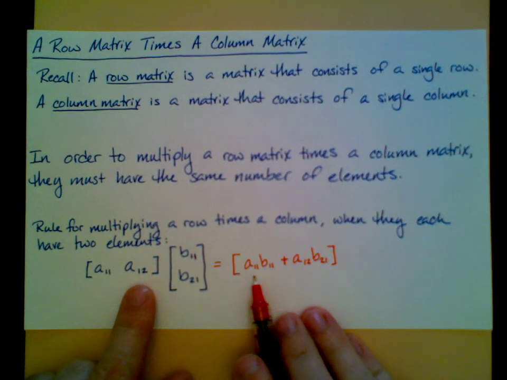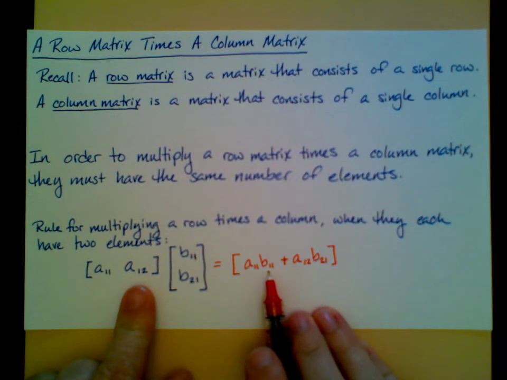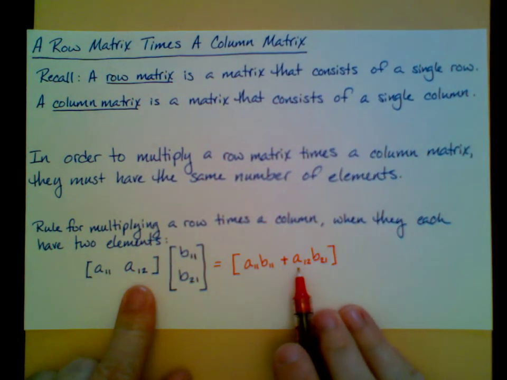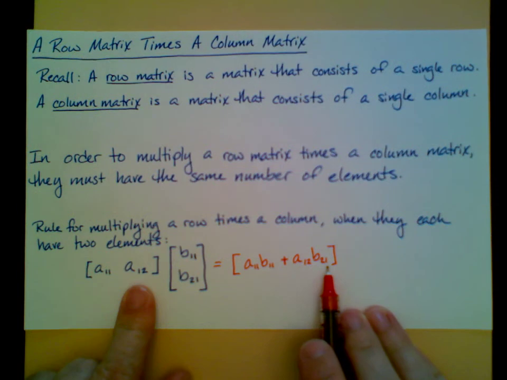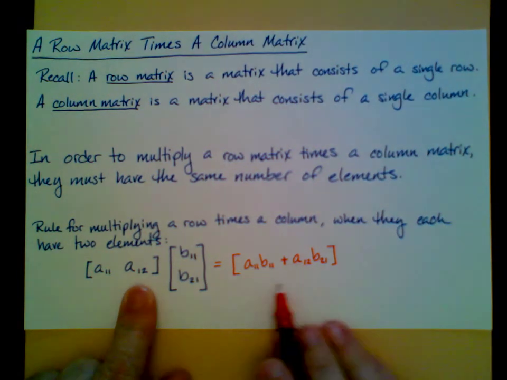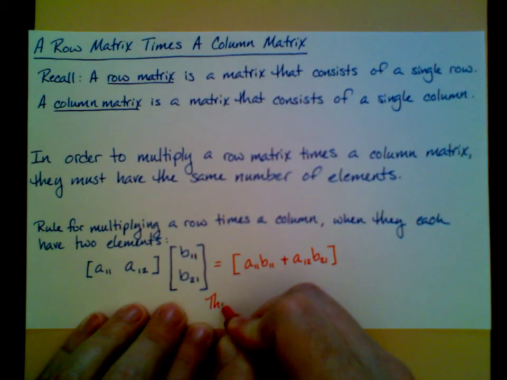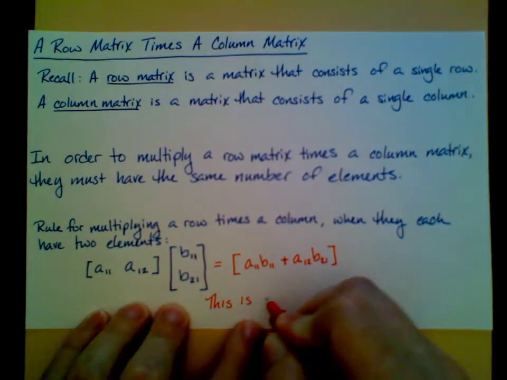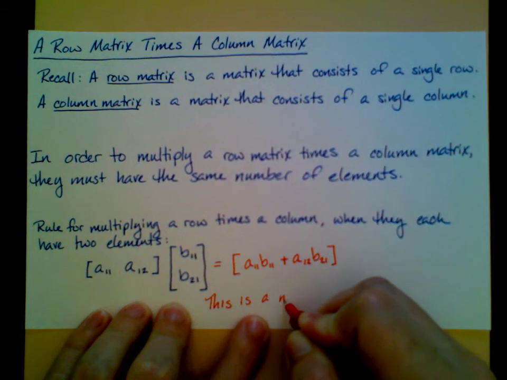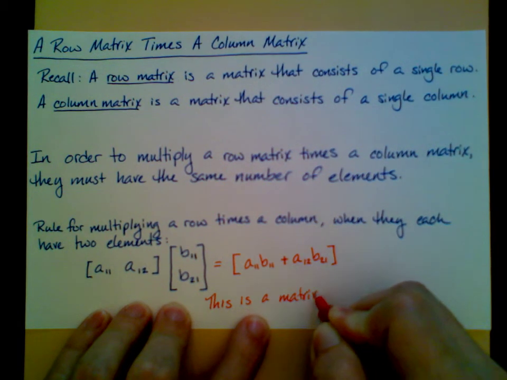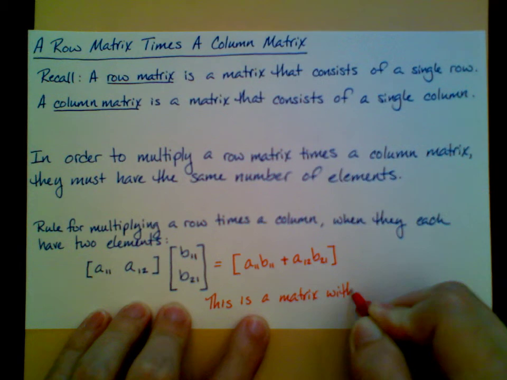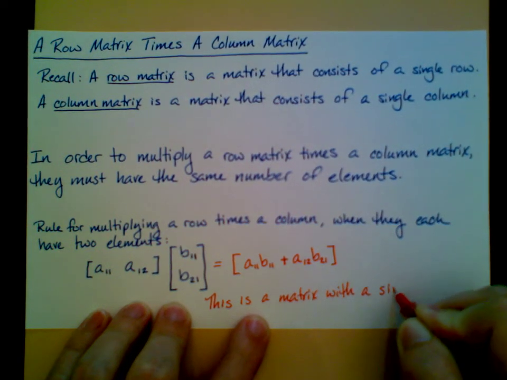So when you do A sub 11, B sub 11 plus A sub 12 times B sub 21, that gives you a single number. So this is a matrix with a single element.